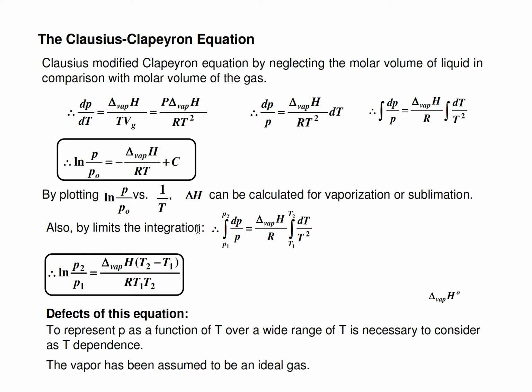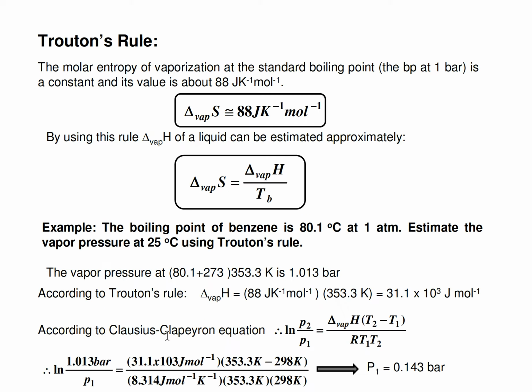Also by integrating between limits, we can have these equations using another plot. However, for the equation to represent P as a function of T over a wide range of T, it is necessary to consider the T dependence, and the vapor has to be assumed to be in ideal condition, an ideal gas.